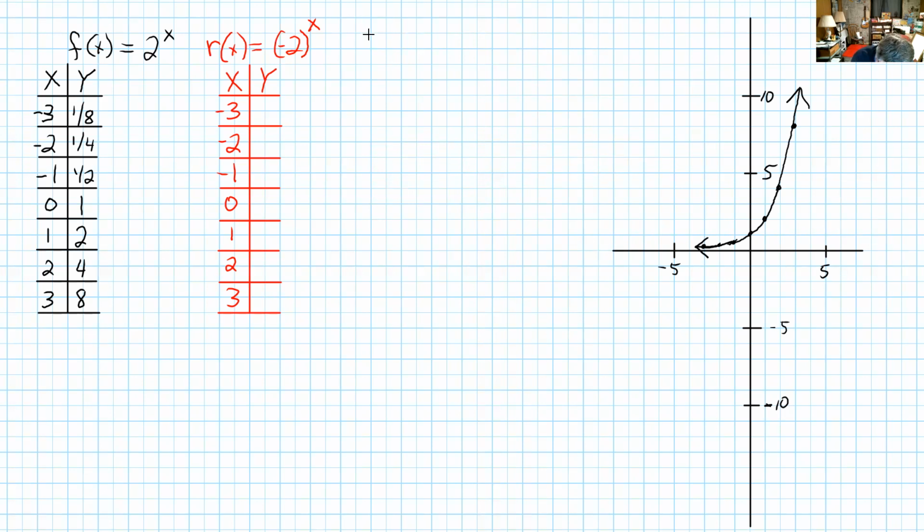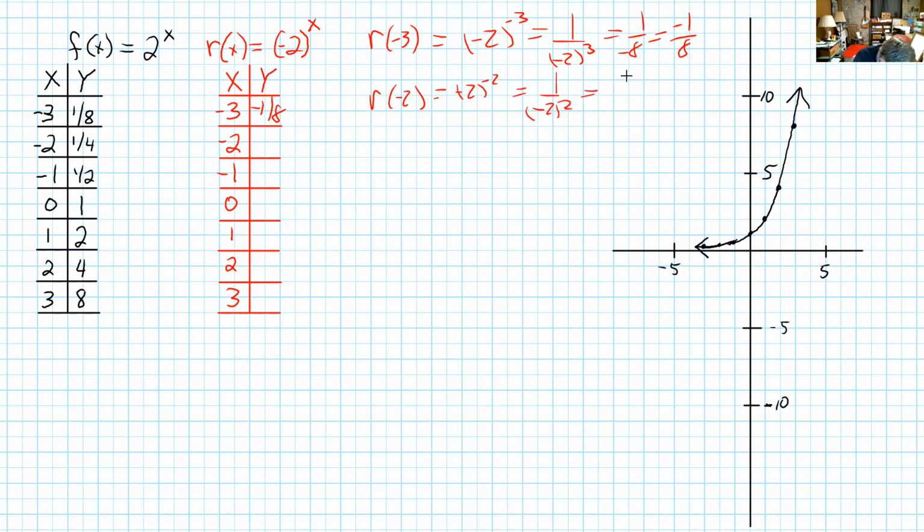Okay. So R of -3 is -2 to the -3 power, which is 1 over -2 to the 3rd power, which is 1 over -8, or -1/8, excuse me. If x is -2, R of -2 is -2 to the -2 power, which is 1 over -2 squared, which is 1/4.